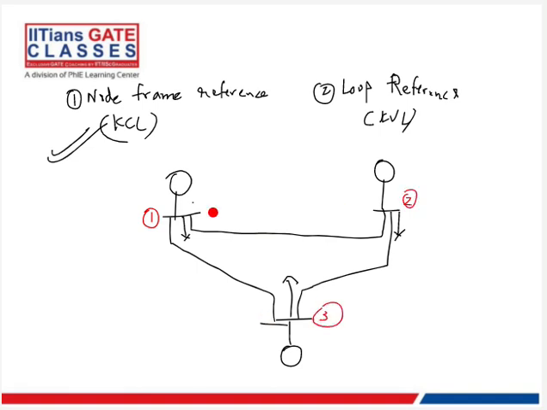Let's assume there is generation and load at all three buses. This is V1, V2, V3, right? And the current injected, we are assuming generator convention, so this is I1, I2, this would be I3, right?